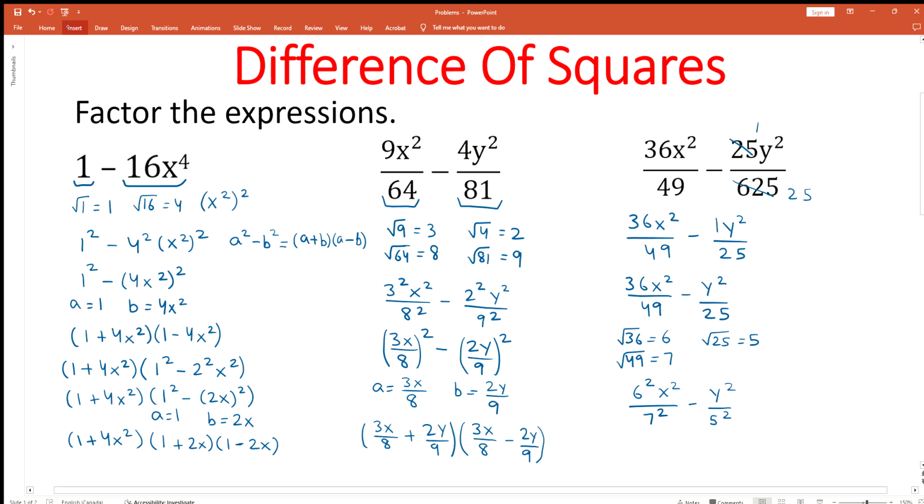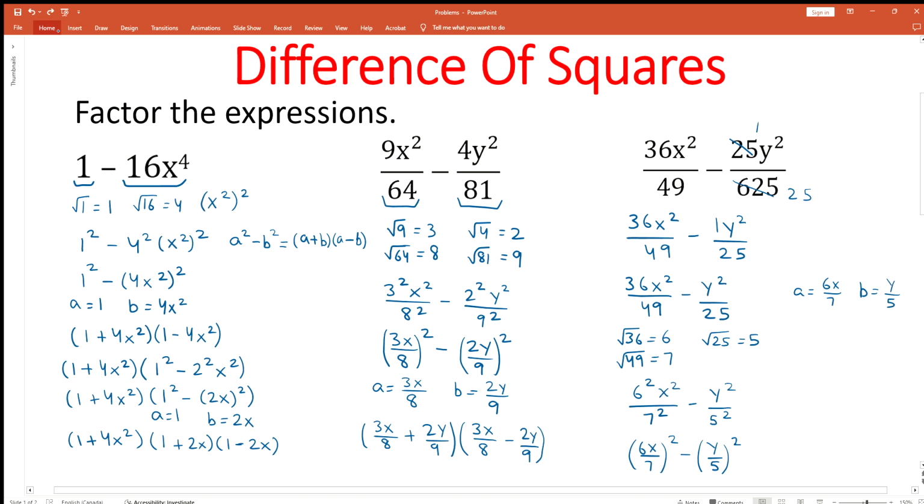In the first term, the square is on 6x and 7, so we can write 6x over 7 in parentheses and put the square on the parentheses. We can do the same for y over 5. Now we can use the difference of squares factoring method formula to factor this expression. In this expression, a is 6x over 7 and b is y over 5.